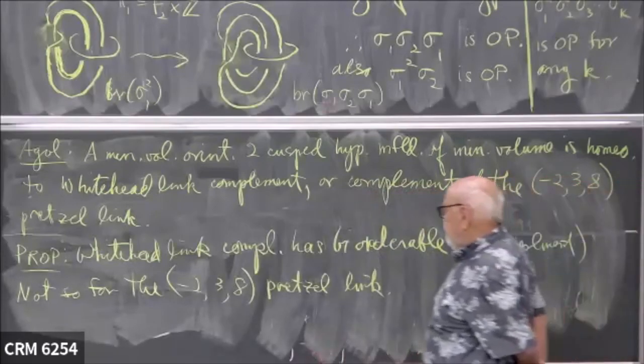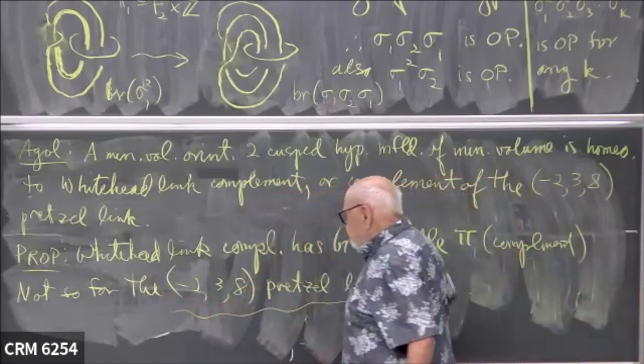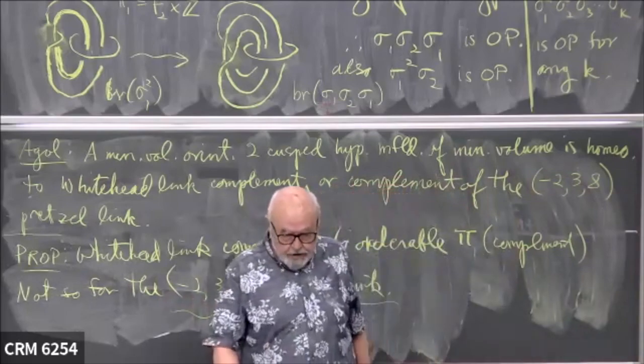Let me just verify this, the minus 2, 3, 8 complement. That looks like the sigma 1, sigma 2, sigma 3, and the right number of strings.